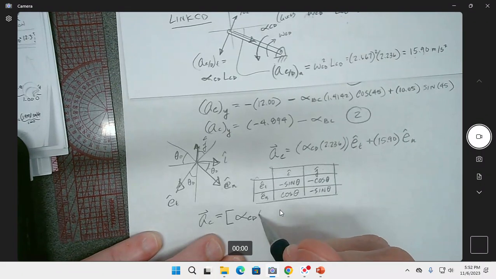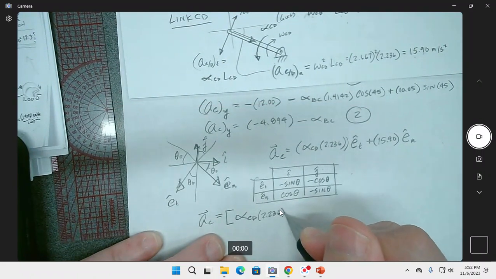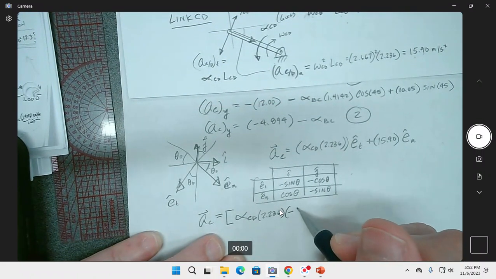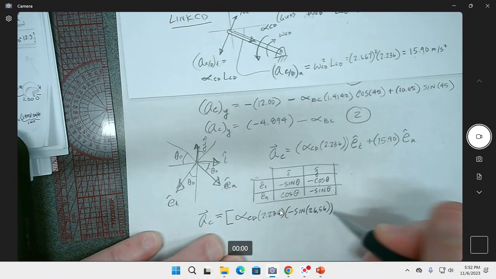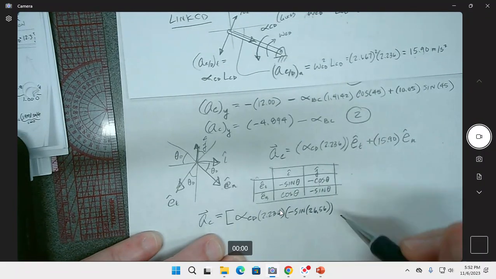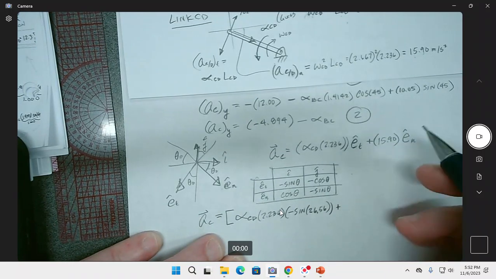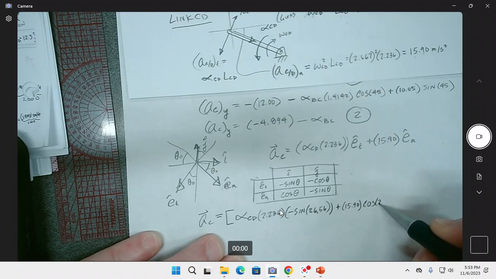Alpha CD times 2.236 times the negative sine of 26.56. All right, so that gave me the i from here, and then plus 15.90 times the cosine of 26.56. And that should give me the i.